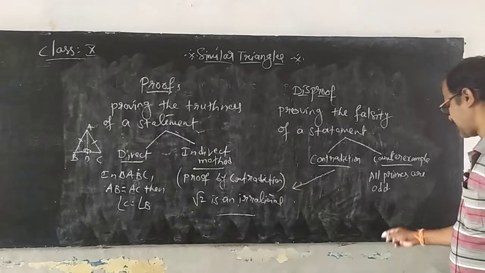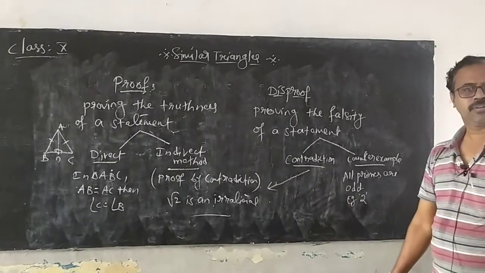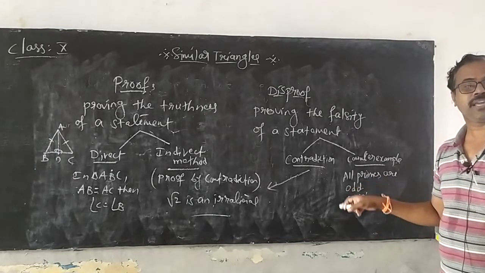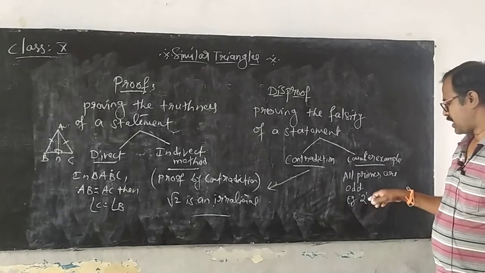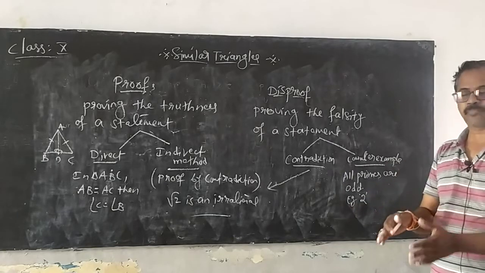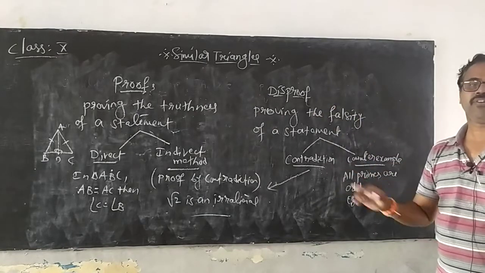Yes, excellent. I take the example 2. Yes, 2 is a prime number, but it is not odd, it is an even number. So, an even number which is also a prime is called a counter example of the given statement, which shows the given statement as false.